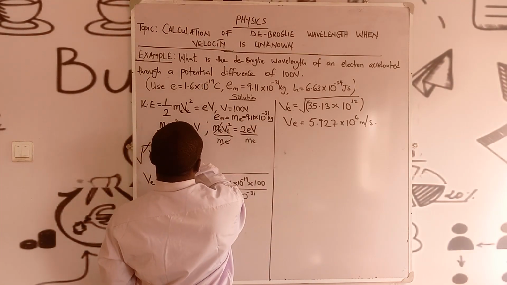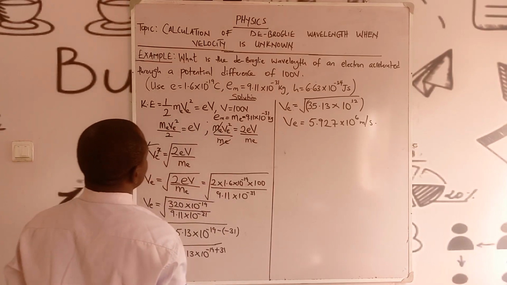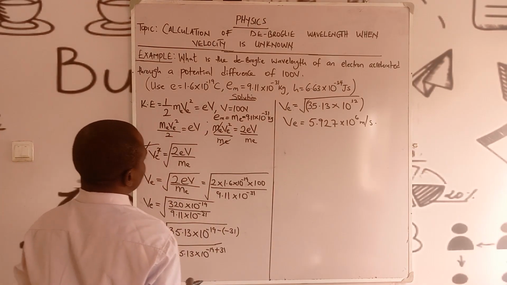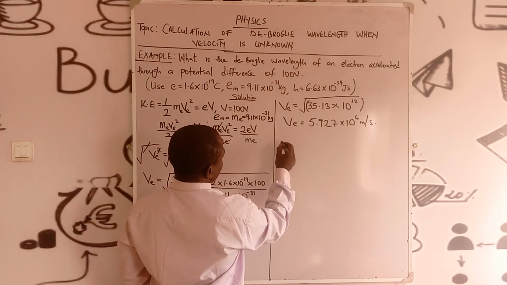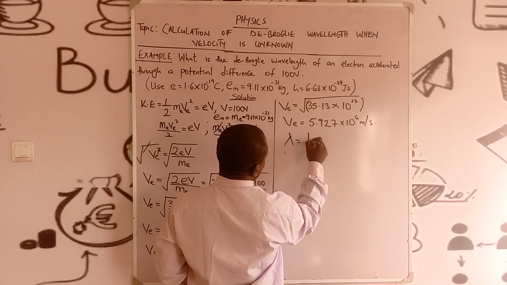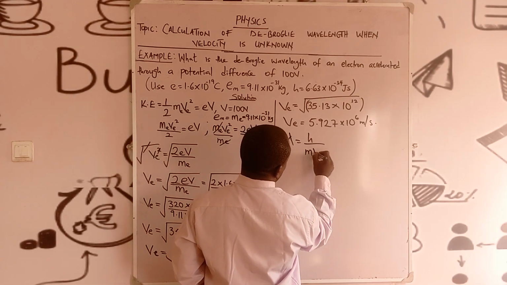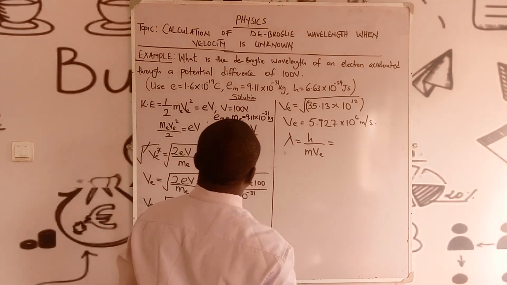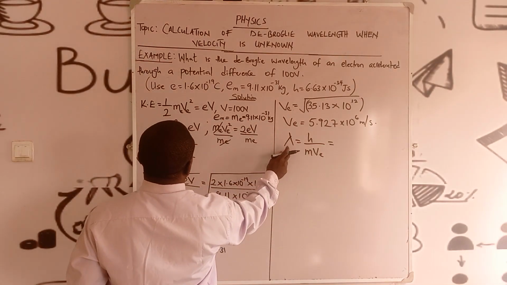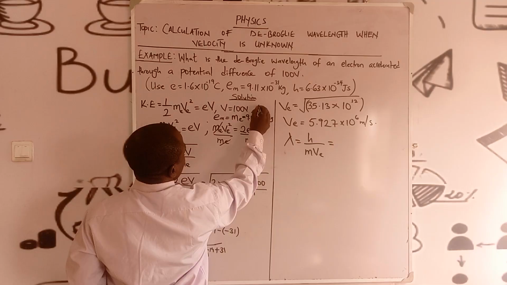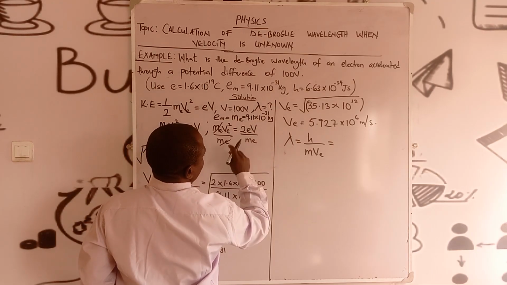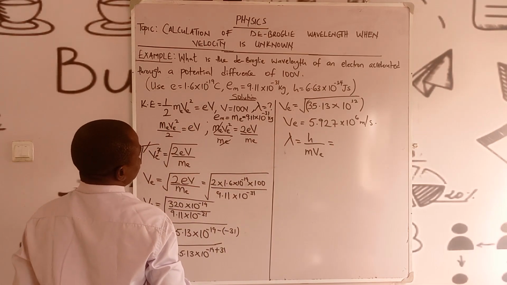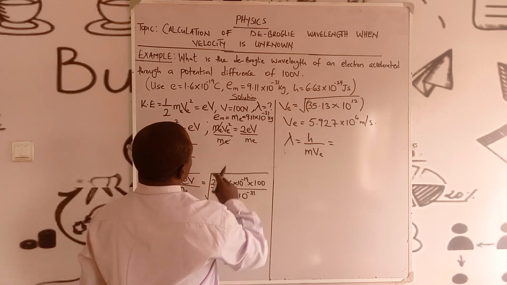Let's go back to the formula of the de Broglie wavelength. The de Broglie wavelength equals the Planck constant over mass times velocity of the electron. This is what we are looking for, so let's put it as unknown. Now what's the Planck constant?